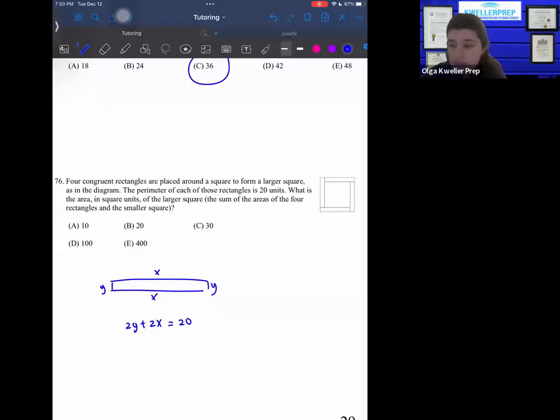So to make it easy, let's say that this is 1, and this is 9. Which means that here is 9, here is 1, 9, and 1, and 9, and 1. So what that means is that the square ends up being a 10 by 10 square, which is 100, which makes the area 100. Does that make sense?